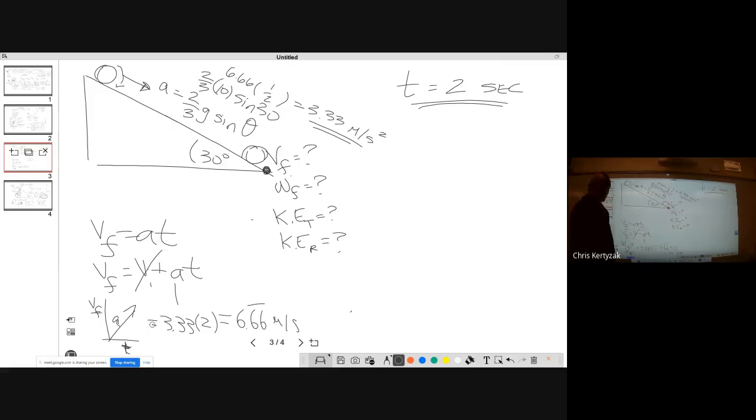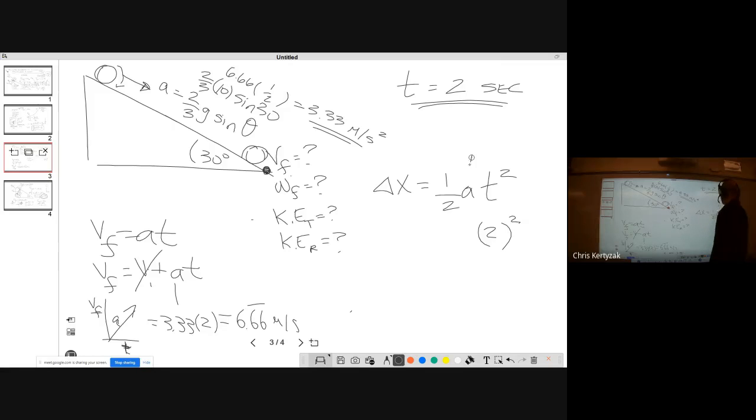And then I could even say, well, what would the length of this ramp have to be so that it went from the top of the ramp exactly to the bottom of the ramp in exactly 2 seconds? That's a distance versus time in connection with acceleration. So if 2 seconds was my random choice, acceleration we said was 3.33.